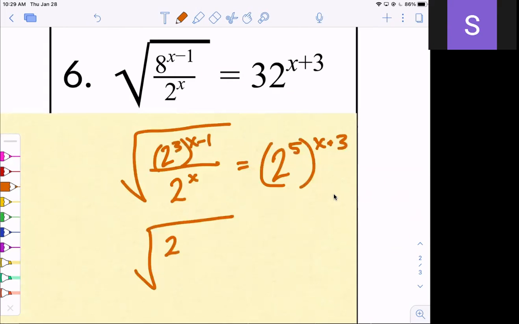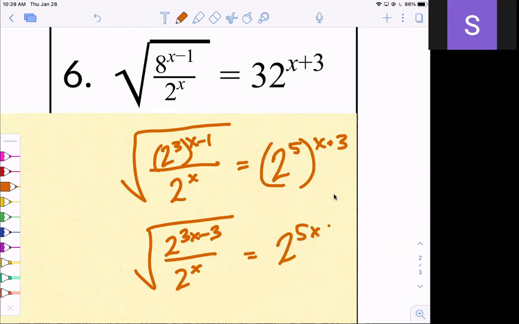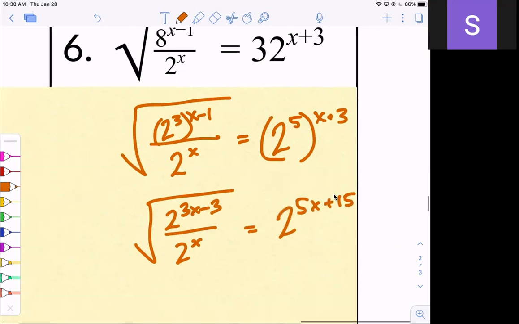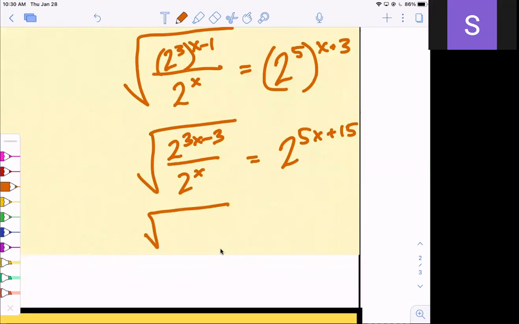So you have 2 to the 3x minus 3 over 2 to the x, like that? Yes. And 2 to the 5x plus 15? Yes. Cool. And then did you subtract the x because of the division? I did not do that part.